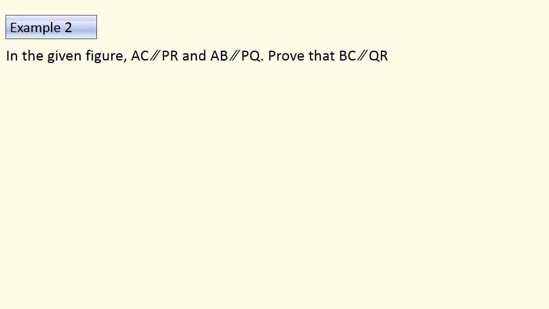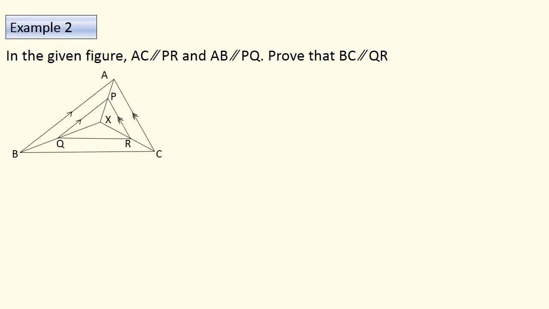Let's go for one more example. In the given figure, AC is parallel to PR and AB is parallel to PQ. Prove that BC is parallel to QR. Here, AC and PR are parallel, with two arrowheads indicating that information.